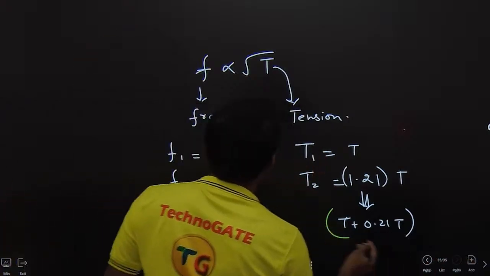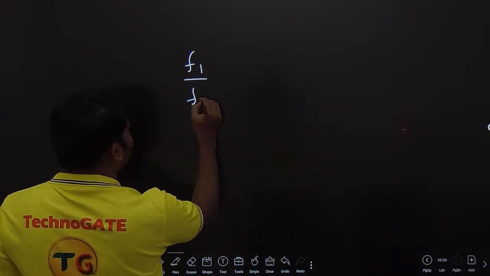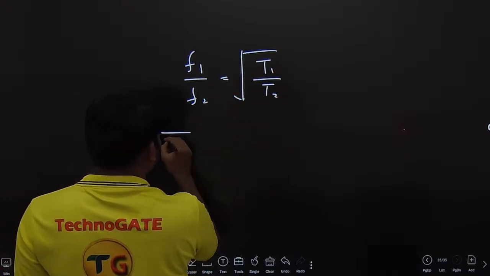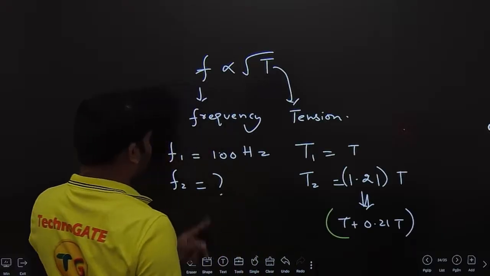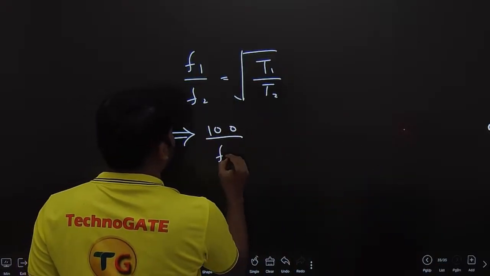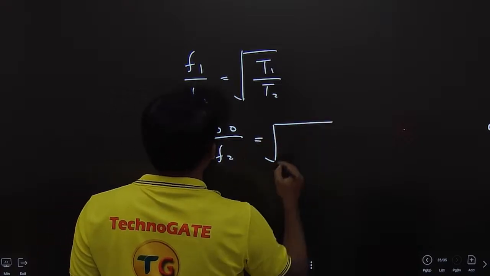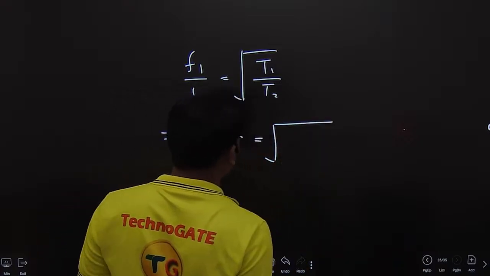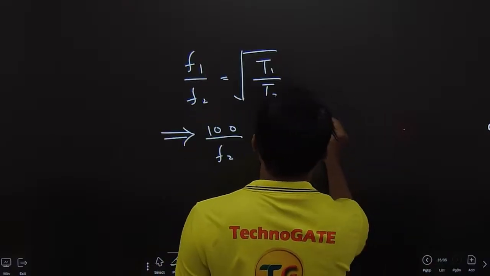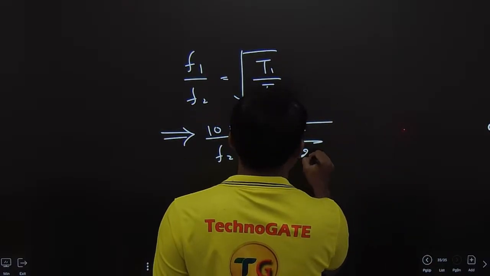So we have f1 by f2 is equal to square root of t1 by t2. f1 value is given as 100 Hz by f2 is equal to square root of tension 1 is t, tension 2 is 1.21t.